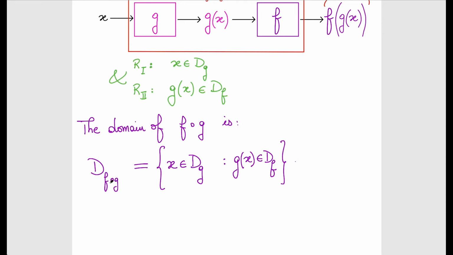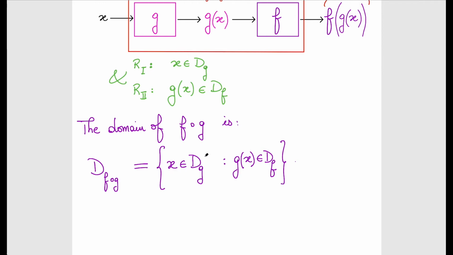The composite function here being f composed with g. So the domain of f composed with g is equal to the collection of all the numbers that live in the domain of g, with the property that g of x should also be in the domain of f. Okay? So the domain of the composite function is actually a subset of the domain of the right function, because what lives here are guys in the domain of g, in the right one, right?